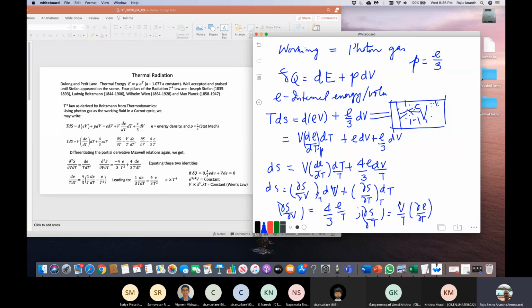Everybody following this? Okay, so we know this, so I can further differentiate this with respect to T, and this will be differentiated with respect to V. If I do that, what do I get?